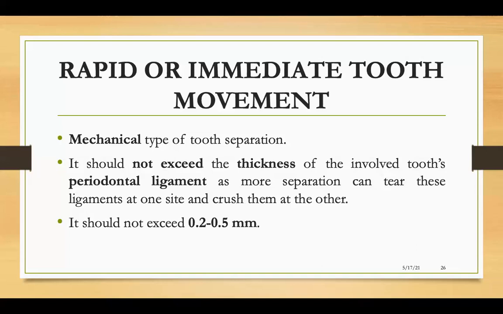If he or she applies more force, your tooth will eventually resorb, and it will have bone loss and it will die. So you should respect the periodontal ligament, and your separation should not exceed the thickness of the involved tooth periodontal ligament. As in, I'm trying to say it should not exceed 0.2 to 0.5 mm. Just know that much.